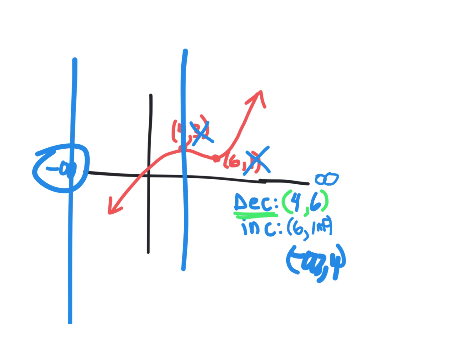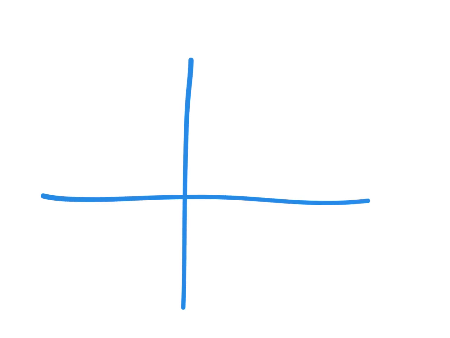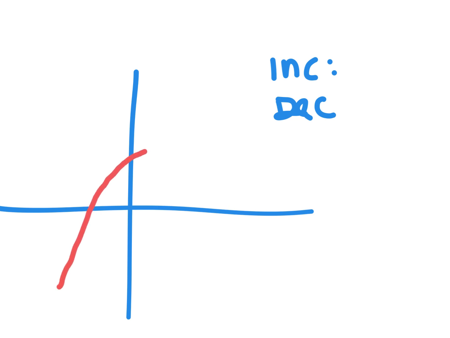All right. So here's another one that's a lot like that. You do not need to copy the chart. All I'm going to ask you to do is write INC and DEC. So don't copy this. Just tell me. You're climbing this mountain from left to right.